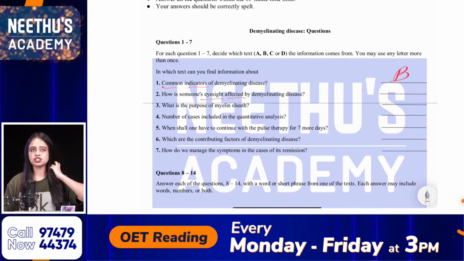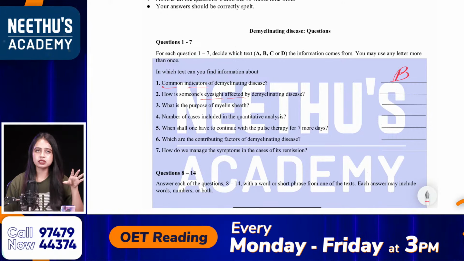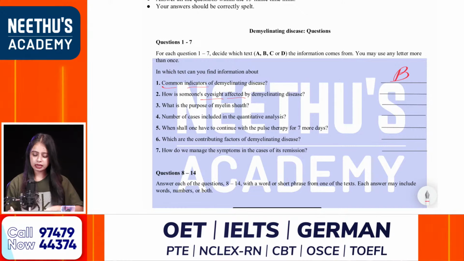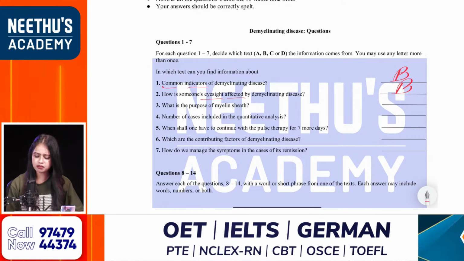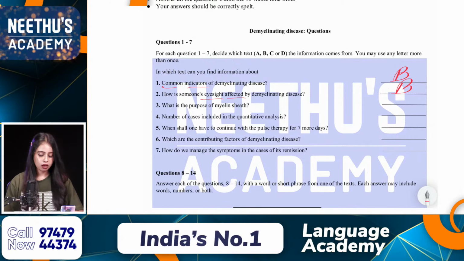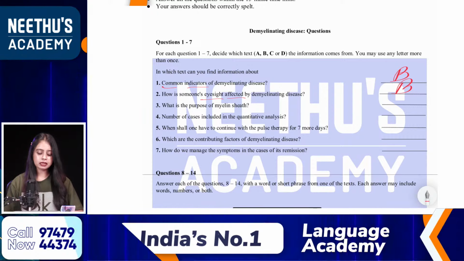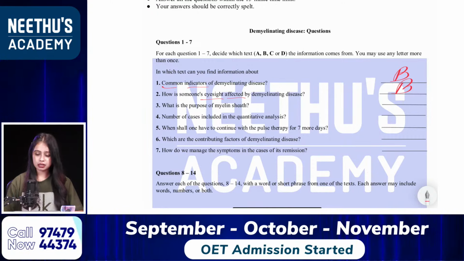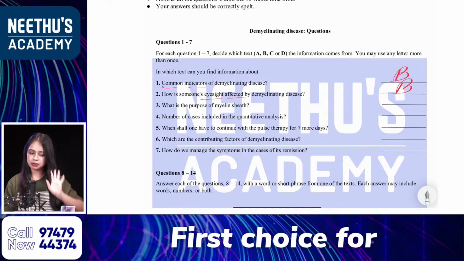Affected, which means one of the symptoms, right? So again, symptoms are mentioned in text B. So without even reading the text, you can find out the answer is from B. Papadi, Bala, Jissa, Roshna, Nelsi, Divi, very good. It's again from B. So two answers from text B.